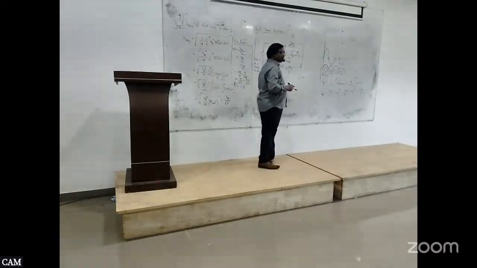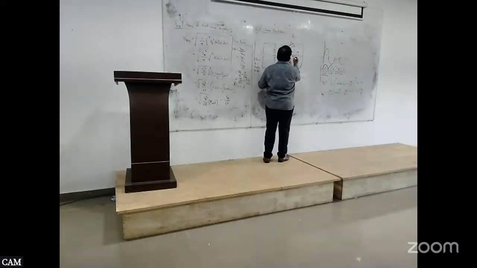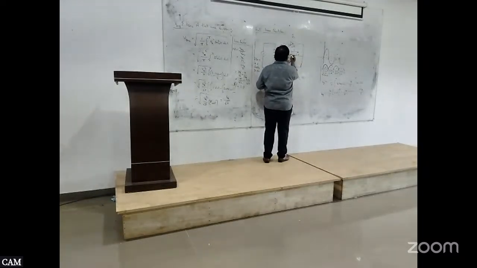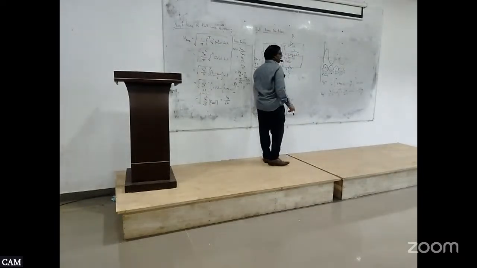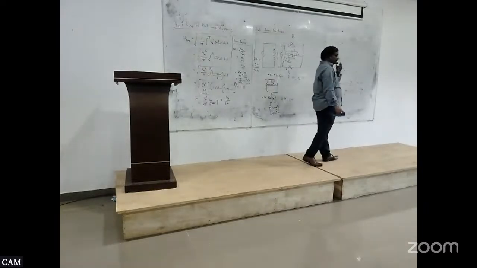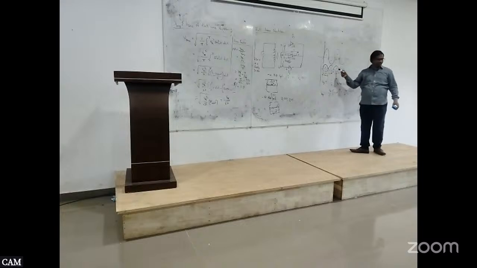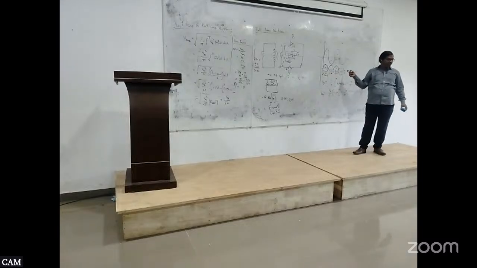Connect this combination; this is the load here. I'm connecting a capacitor. What do you mean by a capacitor? See, is it a straight line? No, it's not a straight line.